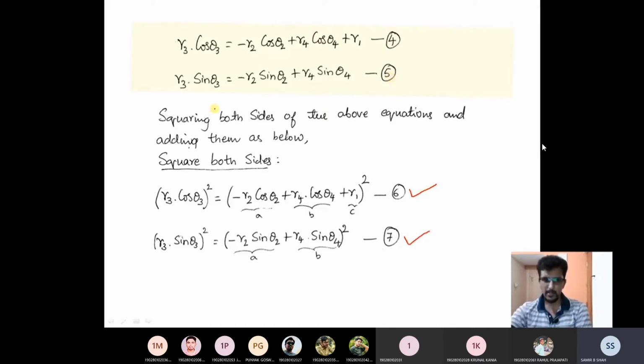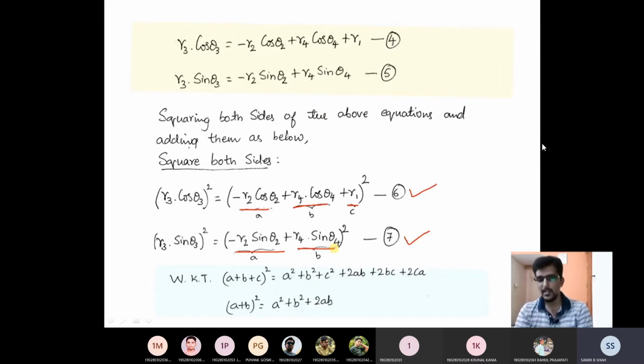So here you have to remember, there are three terms involved: r2 cos theta 2, r4 cos theta 4 and r1. r2 cos theta 2 is considered as A, r4 cos theta 4 is considered as B, and r1 is considered as C. Again here I have two terms: r2 sin theta 2 is considered as A, and r4 sin theta 4 is considered as B. So the first equation, equation 6, can be treated as A plus B plus C whole square.